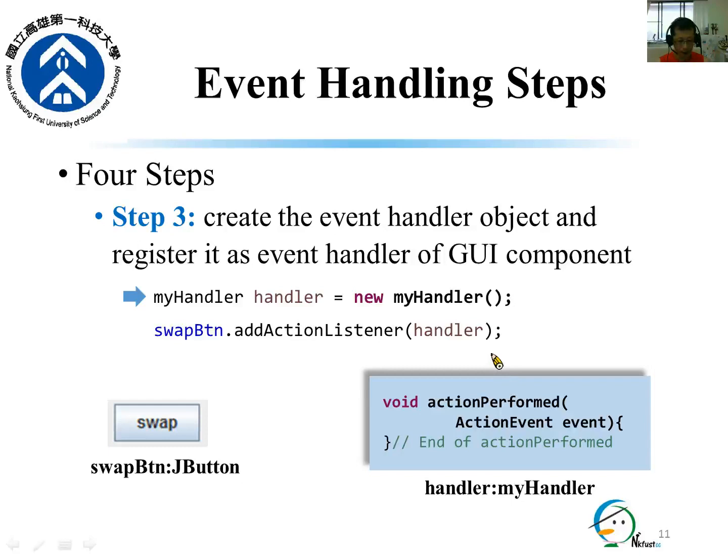And the second one is to register the created object as the event handler of the swap Z button by invoking its member function addActionListener. After that, you can imagine that there is a link from the swap Z button to the created object of the myHandler class.